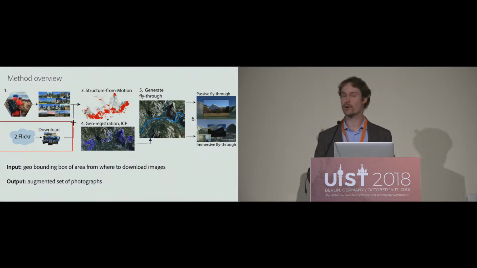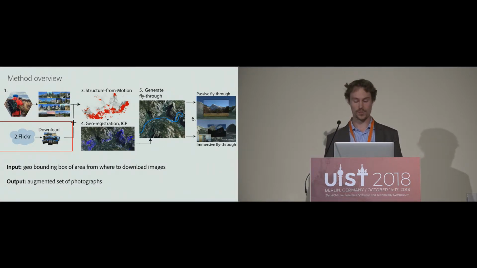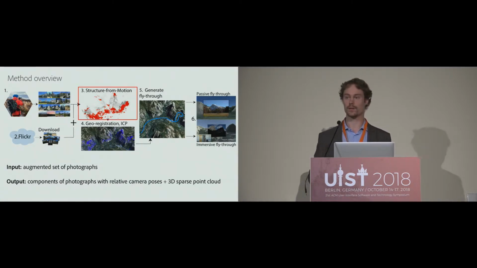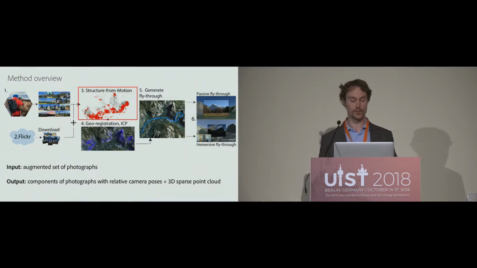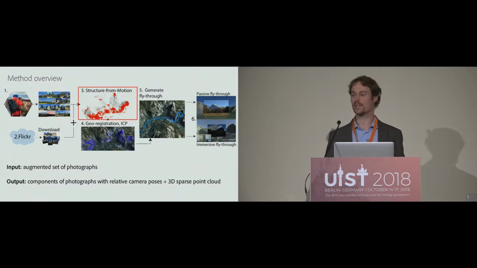We augment the initial set of images by these downloaded images from Flickr, and use all these images together with structure from motion to estimate the 3D scene. This way we get the sparse point cloud, also with camera positions and orientations and other camera parameters.